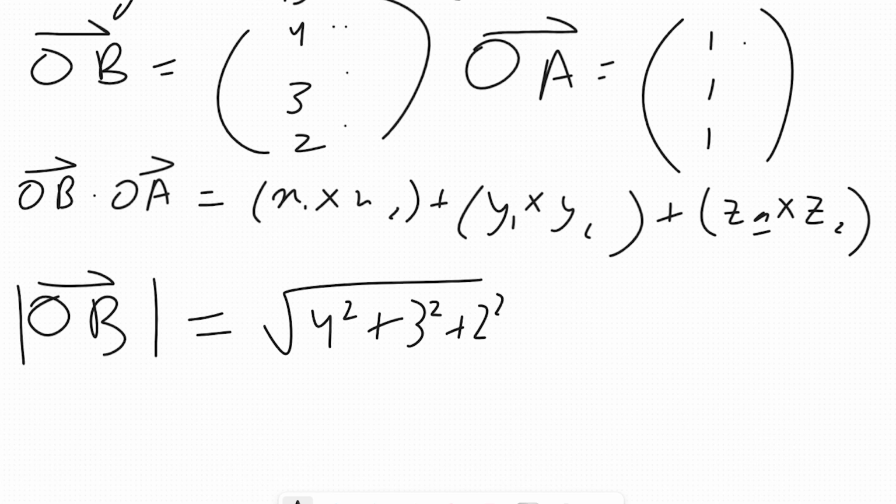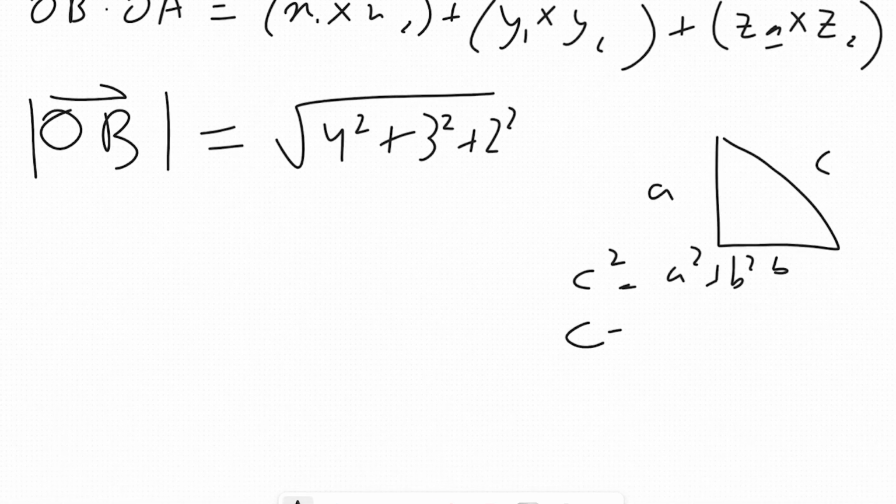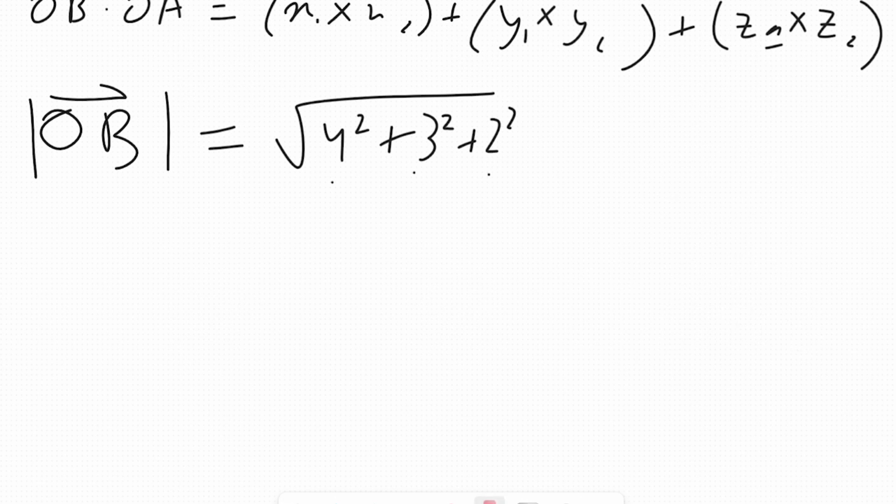It's basically just like the Pythagoras theorem: c square equals a square plus b square, so c is the square root of a square plus b square. But in here we have three sides, x, y and z, so we add them all. That way we'll get the magnitude of OB, and that would be 16 plus 9 is 25, plus 4 is 29, so square root of 29.